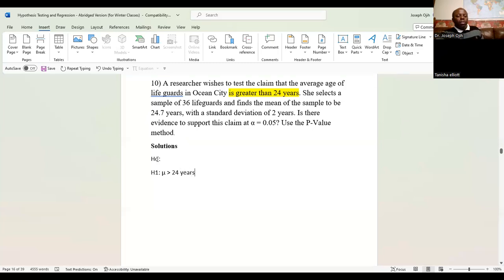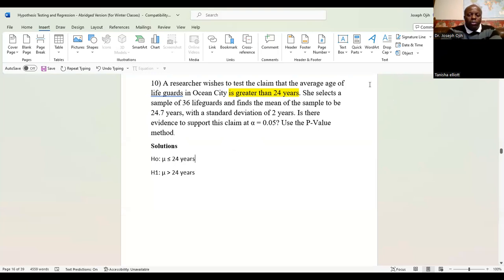Then the null is just the opposite of that. But the only problem is that we can't put a less than symbol in the null. You can only put less than or equal to. So the null is mean is less than or equal to 24 years.